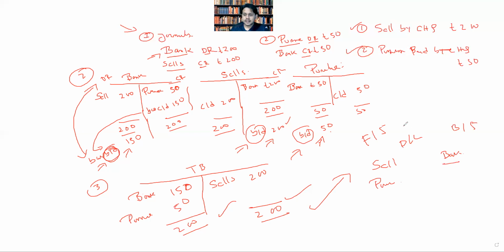So profit and loss account is all about income and expense. And the balance sheet is all about assets and liabilities. So if you see the transaction is income or expense, it will come to profit and loss account. If you see the transaction is asset or liability or capital, it will come to the balance sheet.